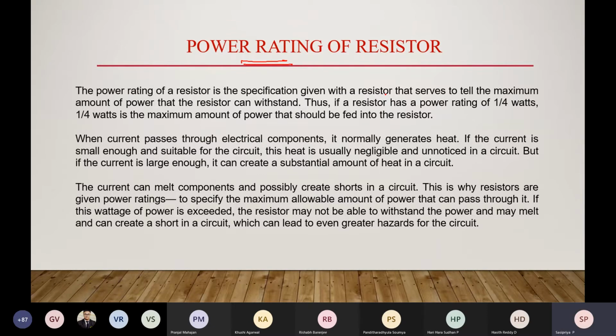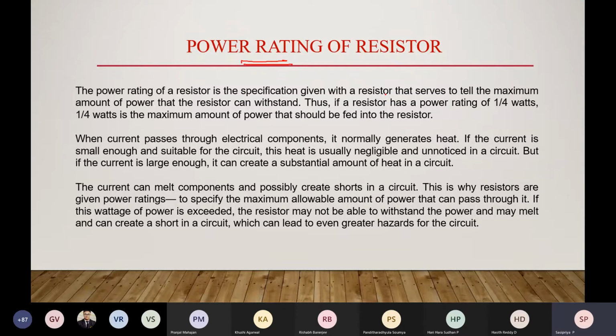So when we handle resistors with minimum power rating, 2 watts, 3 watts, normally we do simple circuits, right? 10 volt motor or simple LED connection or some demo projects. In those cases, there is no issue. It's absolutely harmless.